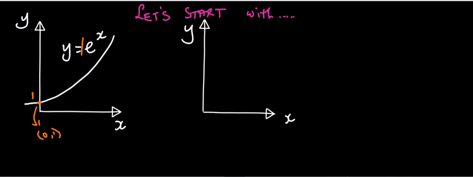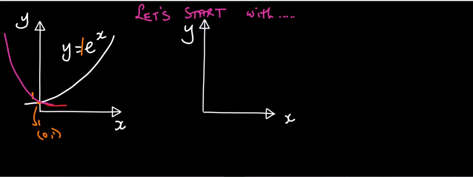Well, let's check. If we reflect this graph on the y-axis, it will now look something like this. I get the graph in this shape, coming down like this. I wouldn't let it touch the x-axis as yet, but we get an equation that looks all too familiar.